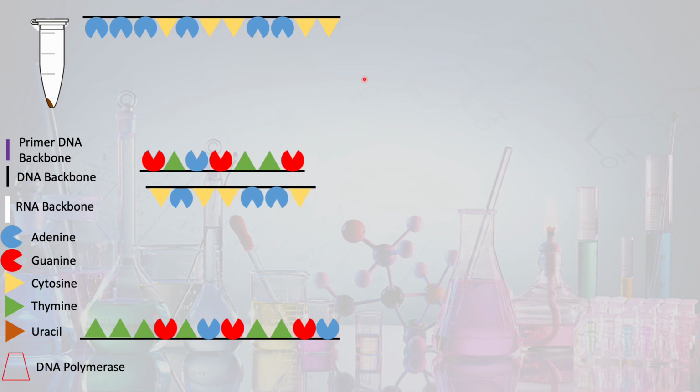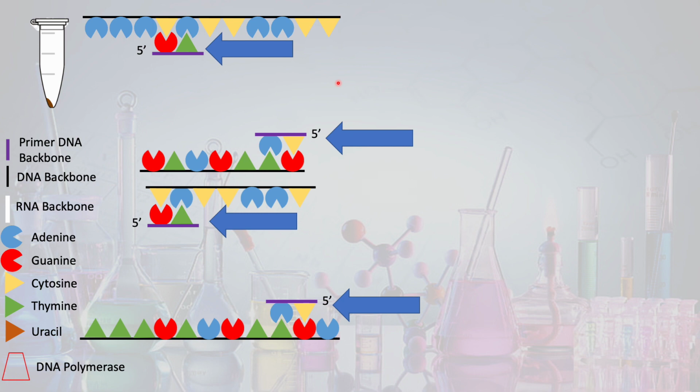If you've watched the video, the primers that we'll be designing are these guys right here. We're going to design a forward and a reverse primer sequence. You need both in order to copy both strands of our synthesized DNA products.